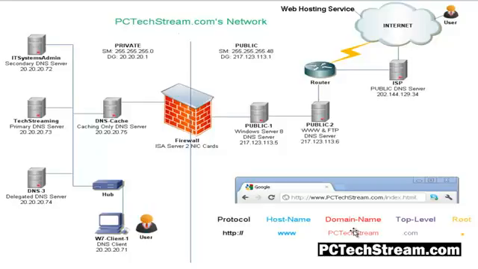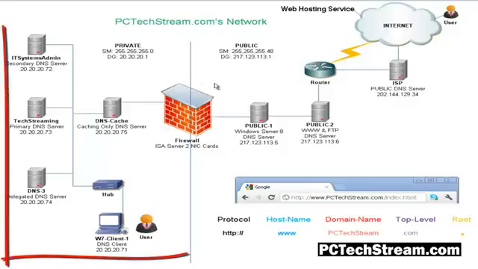So after you get this domain name, you go to your internet service provider and purchase a dedicated IP address. This IP address has to be unique and public, okay? So everything depends on how many IP addresses you are gonna use. In this case, I have two public IP addresses from my internet service provider.